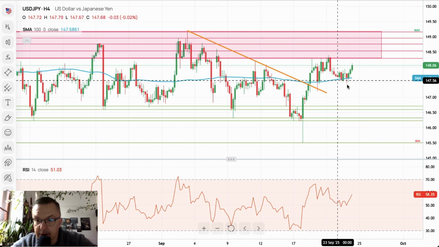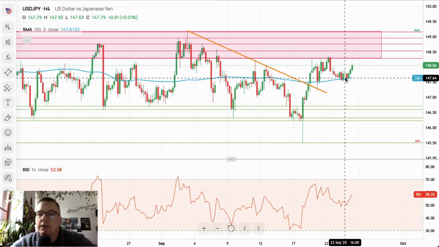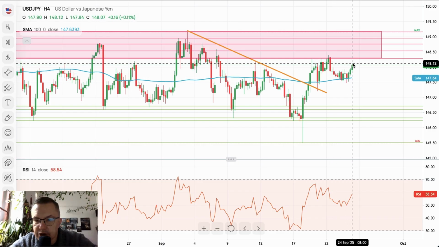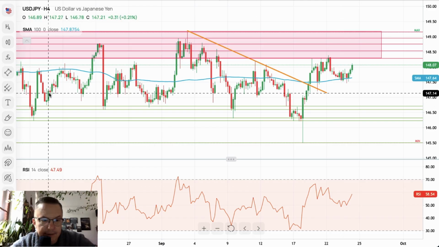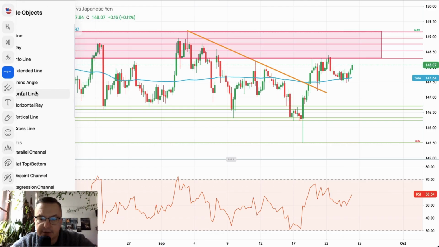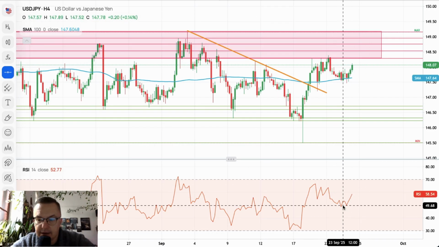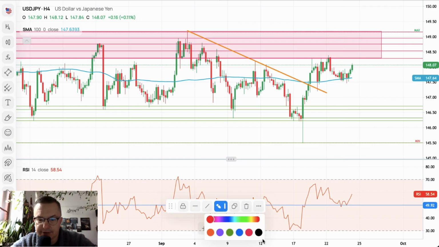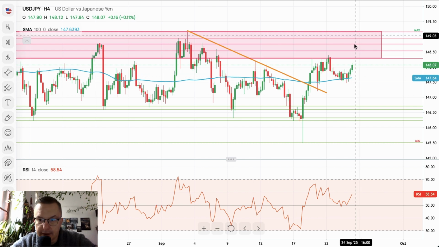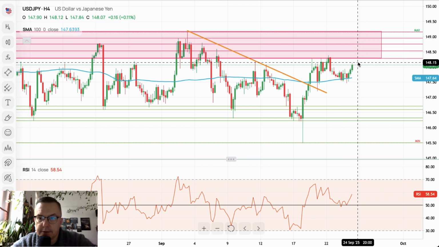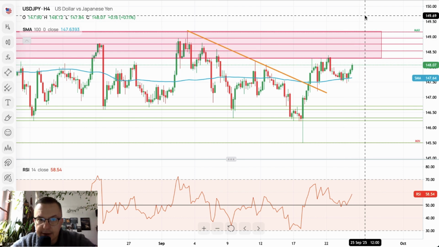This is the area of the 100 period moving average, and since then the market is trying to jump higher again, and there is a bounce from the level of 50, the neutral level on the RSI as well. So the situation is quite interesting, and we might see another penetration of this supply zone, which is quite wide.